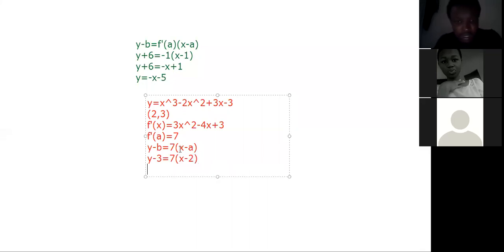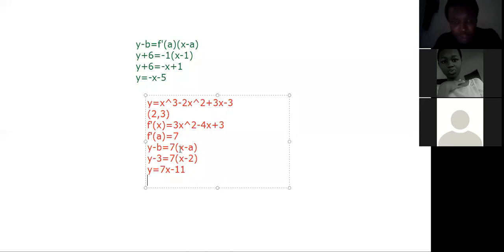I'm going to get 7x minus 14 on the right hand side. So y is equal to 7x minus 14, and when we shift the 3 there, you get minus 11. I'm going to get 7x minus 11. So this will be our equation.